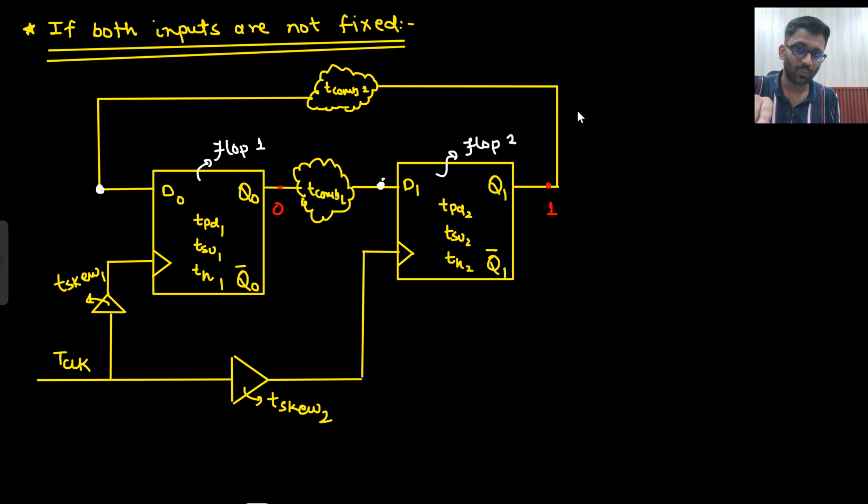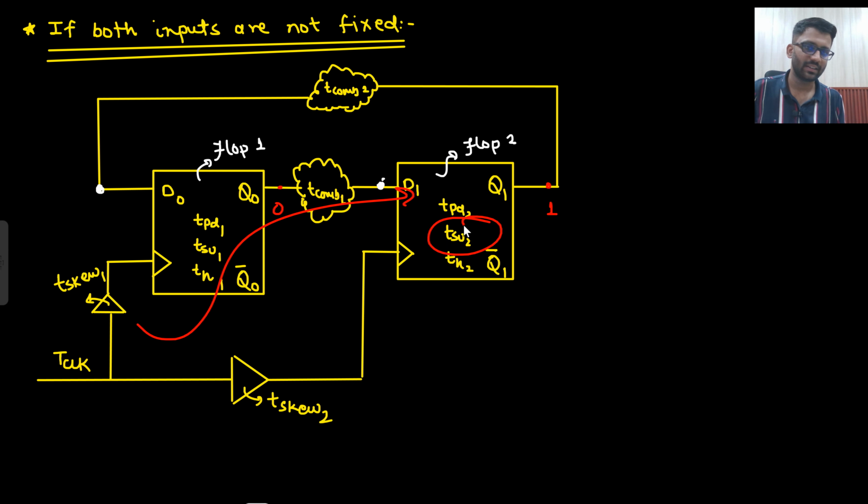Then if output is connected back to the input, what you need to do, you know that there are two paths. I can go from flop 1 to flop 2 as well and flop 2 to flop 1 as well. If I am going from flop 1 to flop 2, then I will assume that my data is constant here, flop 1 to flop 2. I will see over the delay, the setup margin that I will take into account, and then I will subtract this skew.